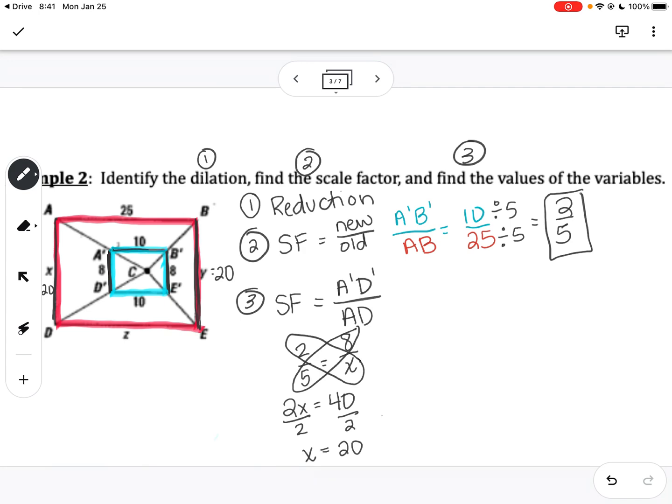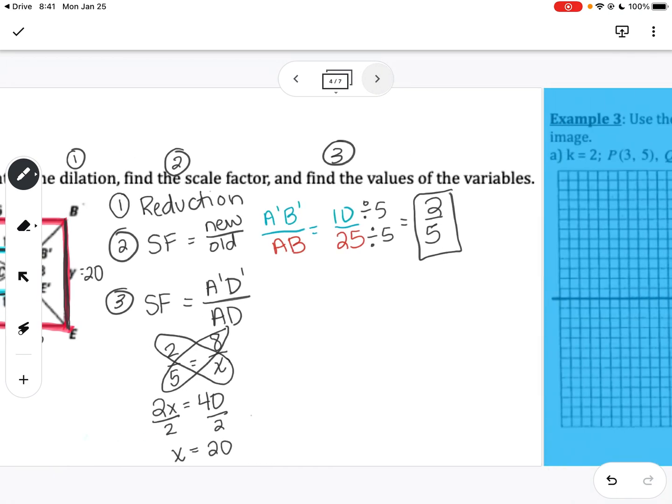By this same logic, since A prime B prime is 10, and D prime E prime is also 10, those sides in the pre-image are going to have to be the same as well. Since AB is 25, the value of variable z is also going to be 25. So we can use that scale factor to help us find variables within these dilations as well.